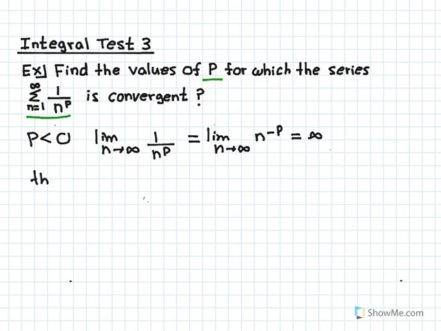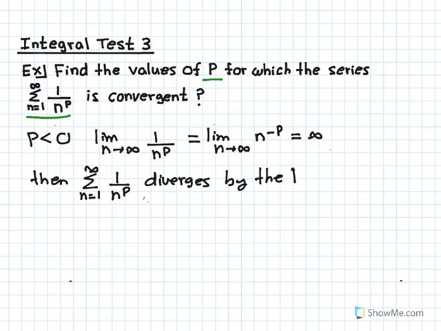So we can say that the summation of 1 over n to the p, n equals 1 to infinity, diverges by the divergence test. Recall by the divergence test, if the limit of the nth term as n goes to infinity is not 0, then the series diverges. And the limit is equal to infinity, which is not 0, so the series diverges by the divergence test.